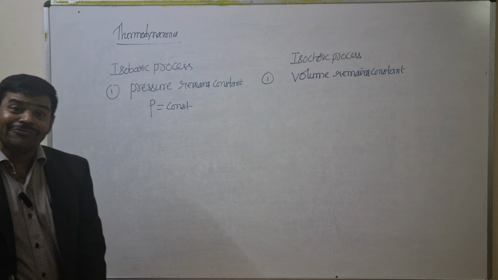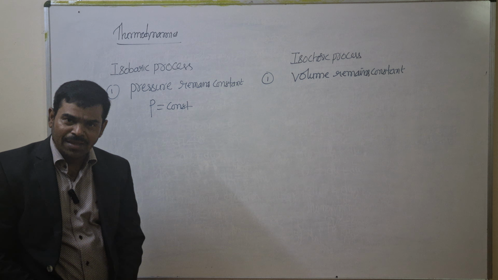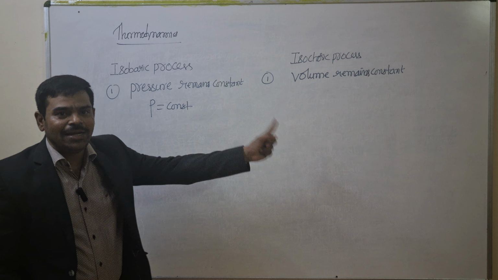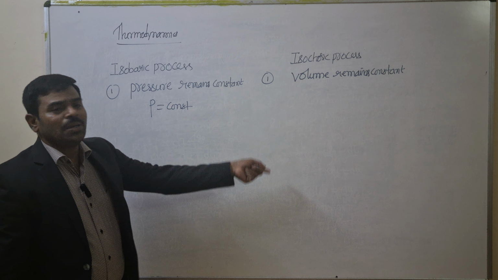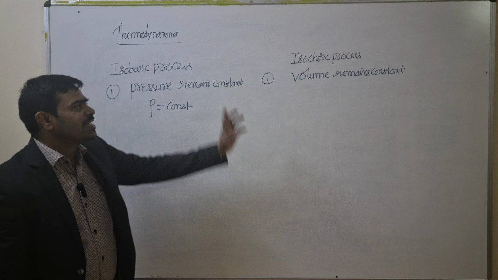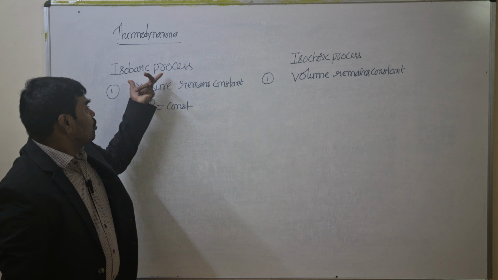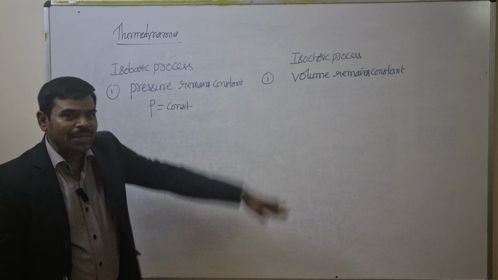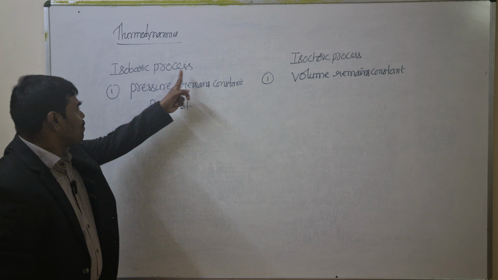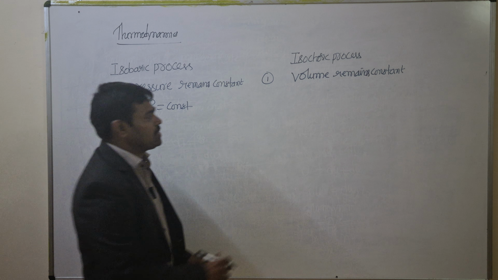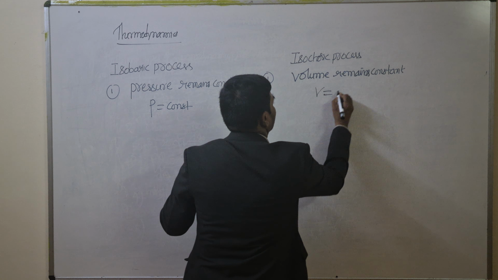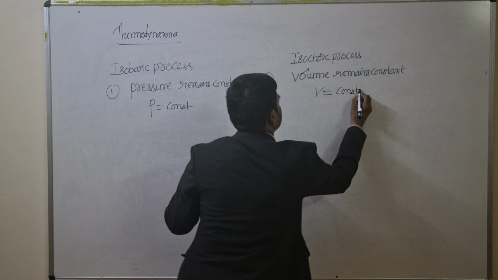In each and every state of the system, volume remains constant. In isochoric process, volume remains constant. In isobaric process, pressure remains constant. Here we can say V is equal to constant.